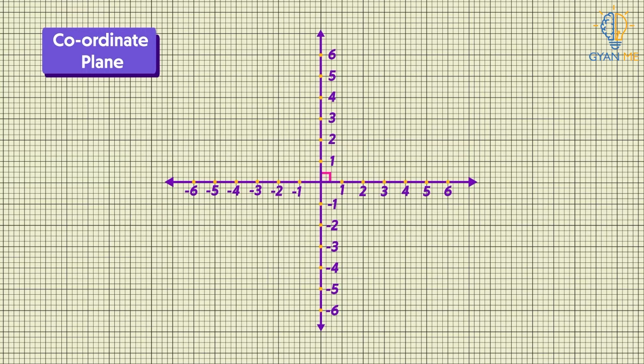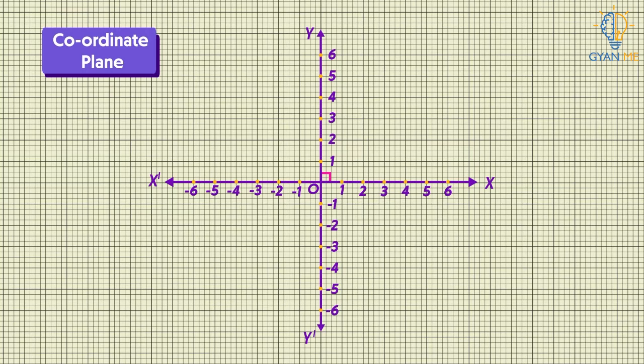The vertical axis is called the y-axis and is represented as y'(y), whereas the horizontal axis is called the x-axis and is represented as x'(x). The point at which both the number lines intersect each other is called point O or origin.